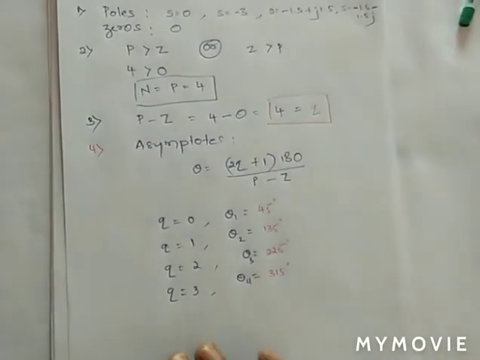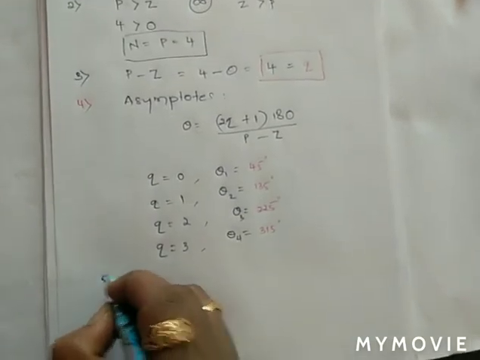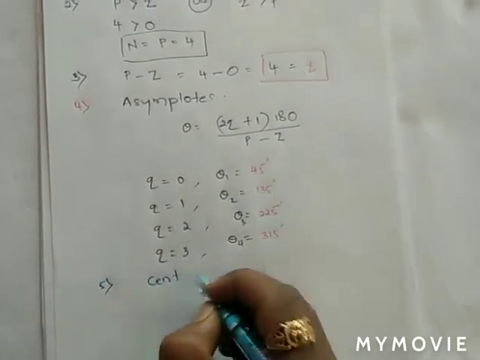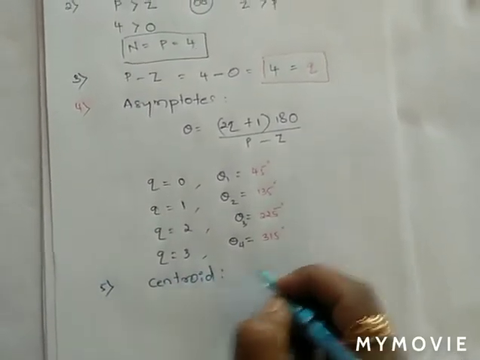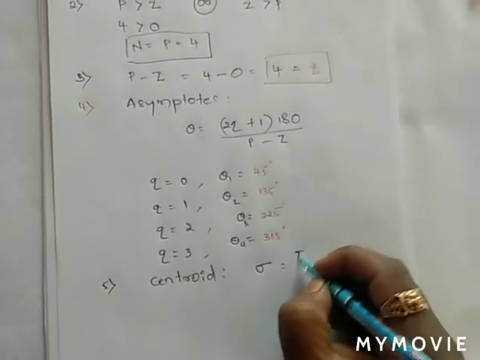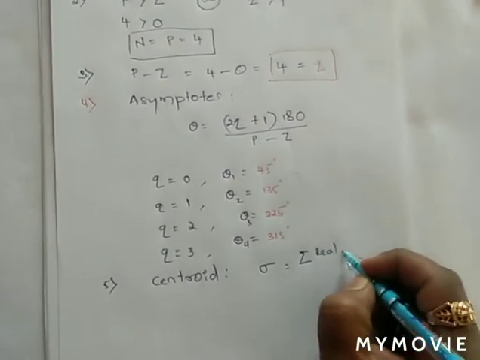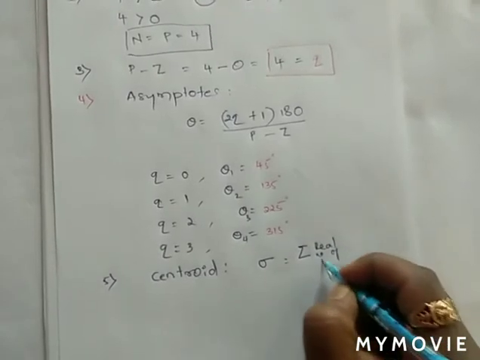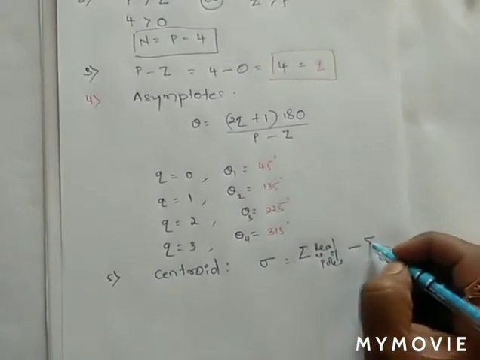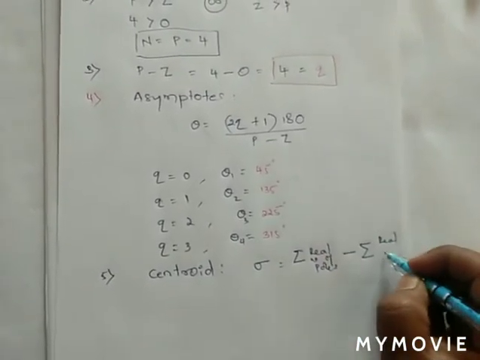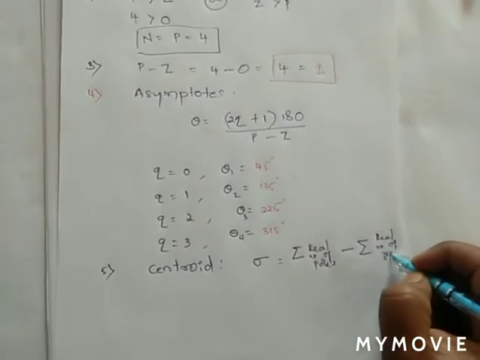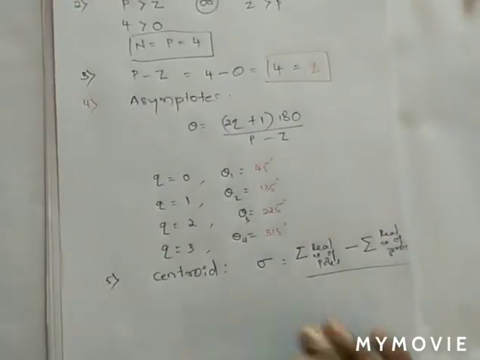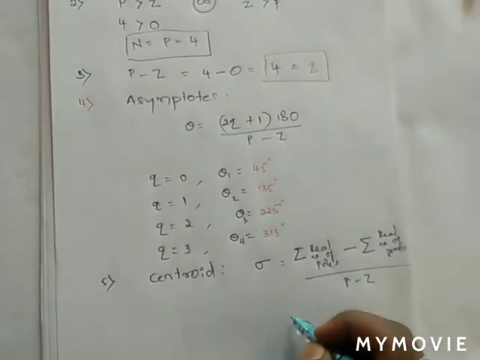So after asymptote, next step is centroid. Summation of real number of poles minus summation of real number of zeros whole divided by p minus z.